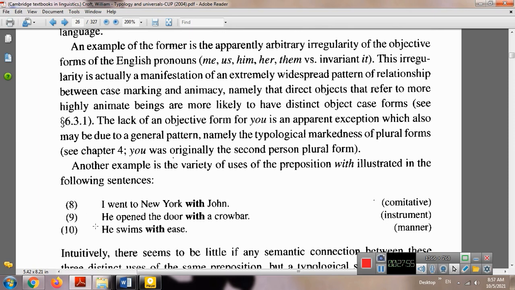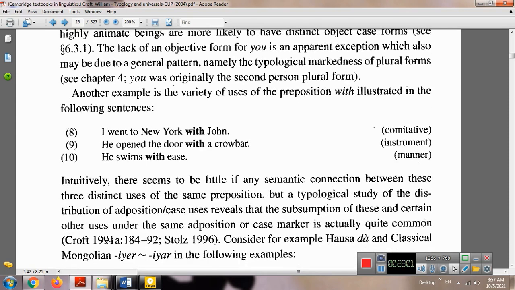Another example is the variety of uses of the preposition with, which is illustrated in the following sentences. I went to New York with John, which is comitative. He opened the door with a crowbar, which is an instrument. He swims with ease, which is manner.